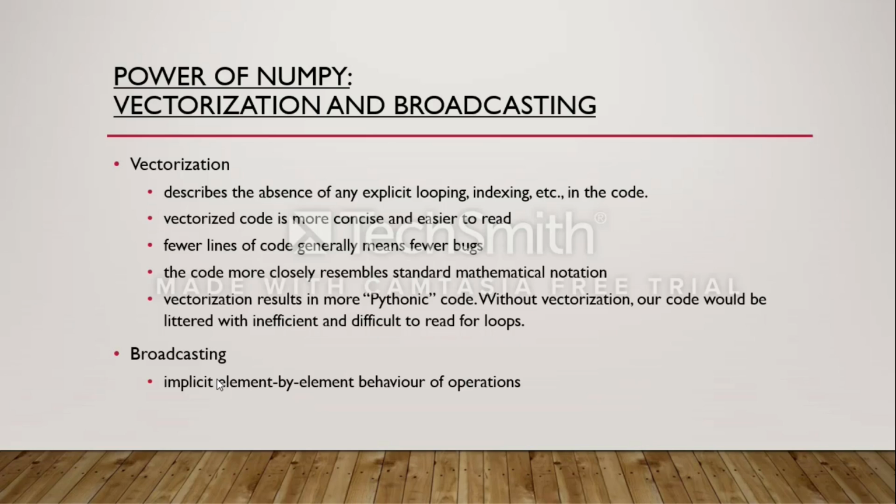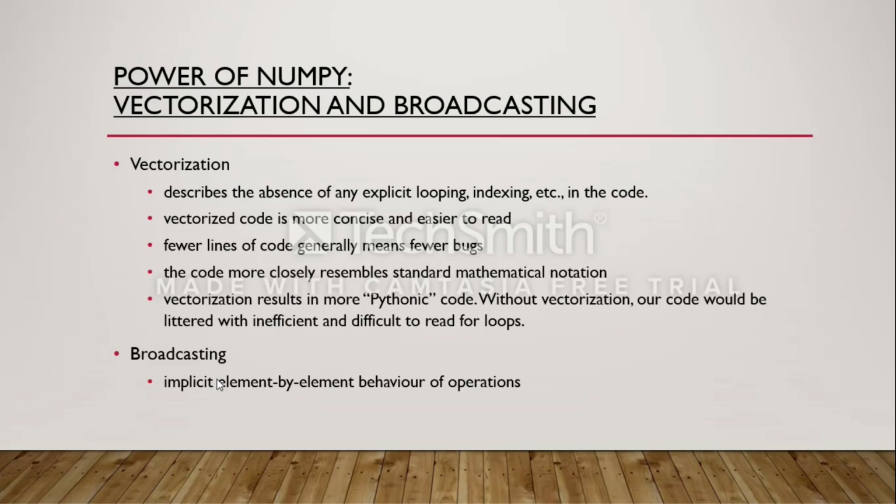So my purpose is served, but I did not write any for loop or index positioning to equate the values and to make the summation individually. Okay, so I have avoided all the looping and indexing. Then, vectorized code is more concise and easier to read.